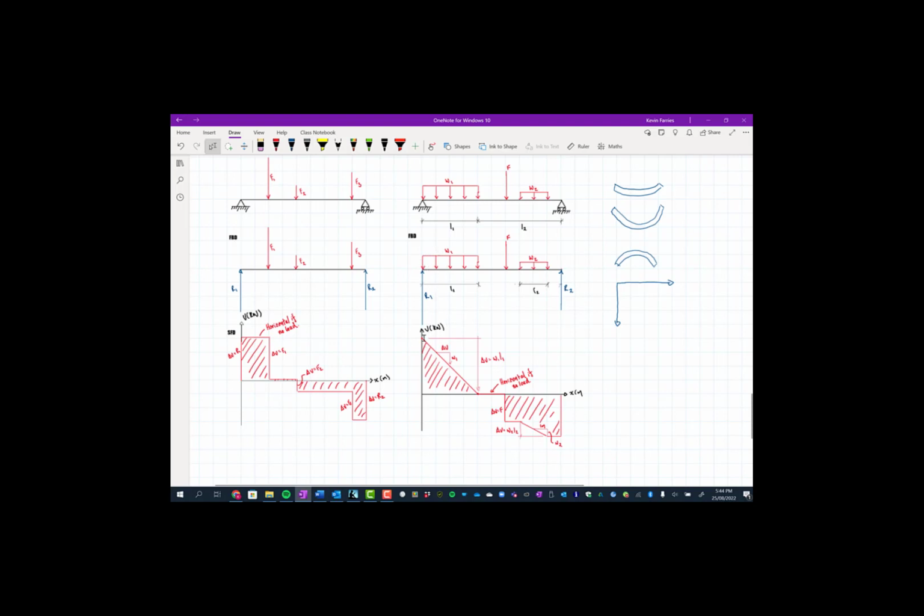And so in this case, if we go 1 meter, it's W1 here, the area under is W1 times 1 meter, so it's just W1. So for every meter we go along, we have to go down W1, along, down W1, along, down W1. Okay, and because we'll only work with rectangular loading, we're not going to go to the point of triangular loading in this course. And so you'll end up with a straight line.